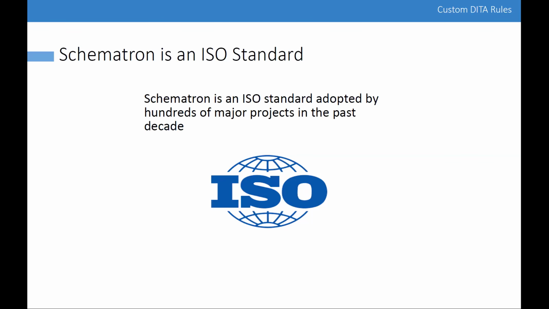Schematron is an ISO standard, and this is good because it's respected and has been adopted by hundreds of projects in the past decade. It is also important that when you develop these rules, you can use them in other applications that implement this standard.